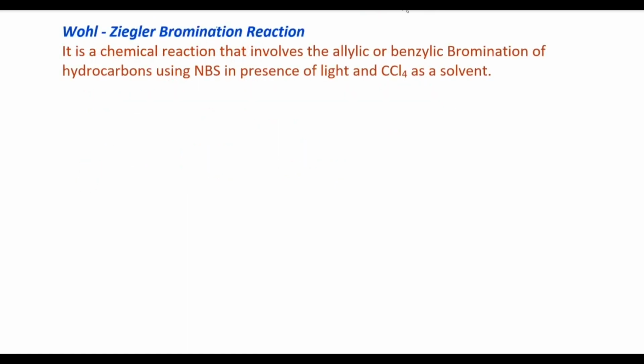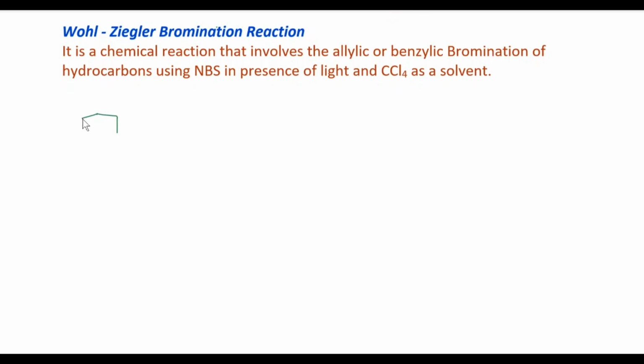Now we will see the whole Ziegler bromination reaction. It is a chemical reaction that involves the allylic or benzylic bromination of hydrocarbons using NBS in presence of light and CCl4 as a solvent.